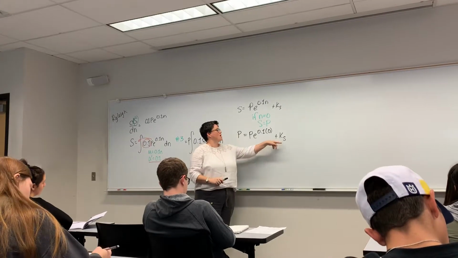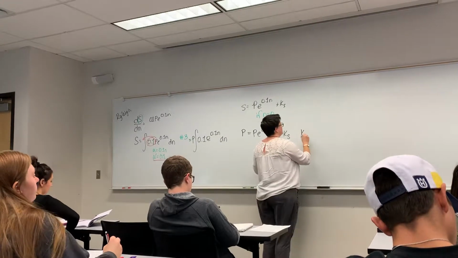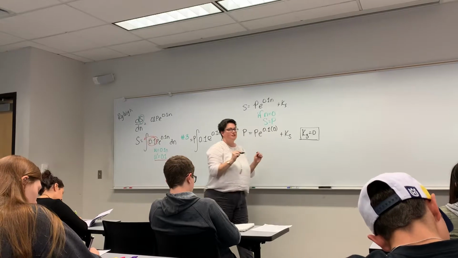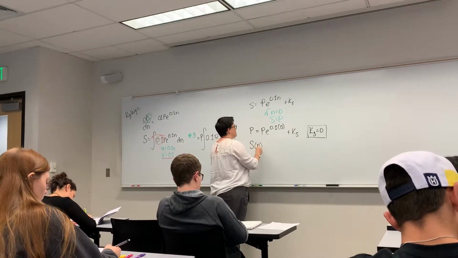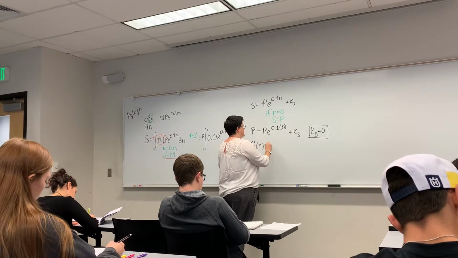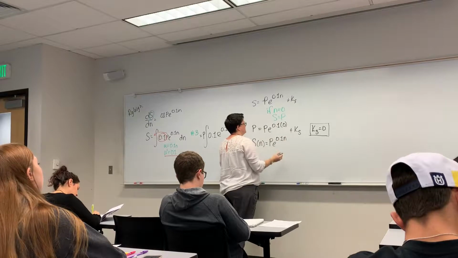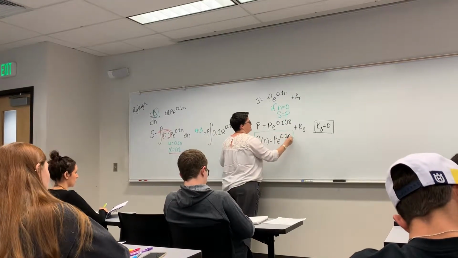So p plus what equals p? Good. K sub s equals 0 here. You must go through the motions, chickens. You have to. So now my full formula is s as a function of n equals p e to the 0.1 n. And that's your answer for part A.